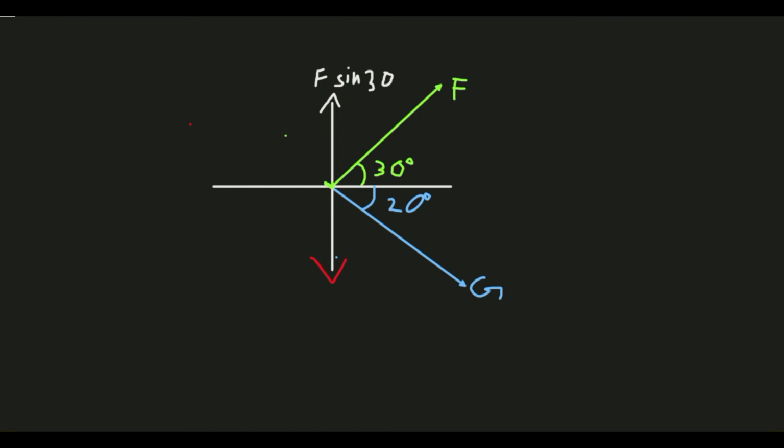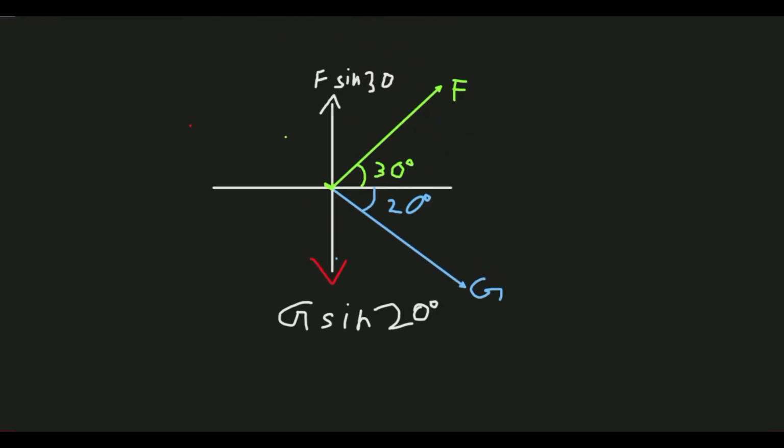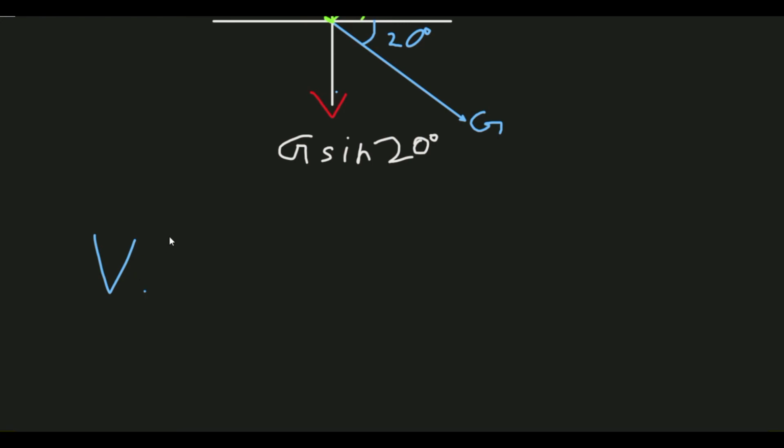So the component of G is G sine 20 degree, but the direction, that's very important, is downwards. Now you might ask why I say that G is downward. Just think like that. So while calculating the vertical force, I should write Vf equals F sine 30 minus G sine 20, right?